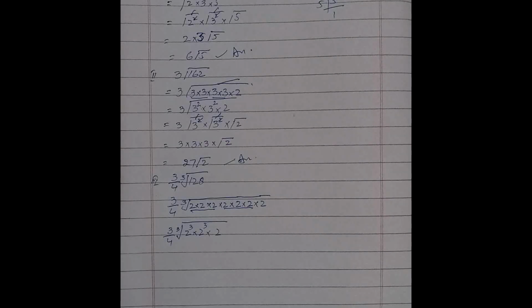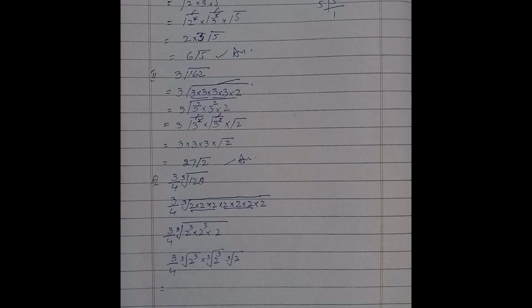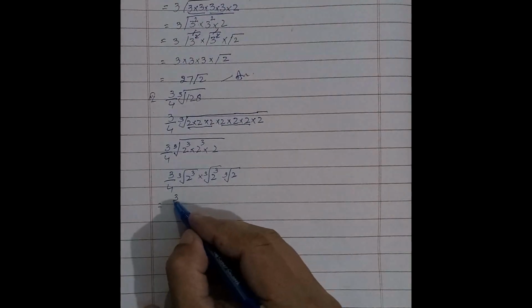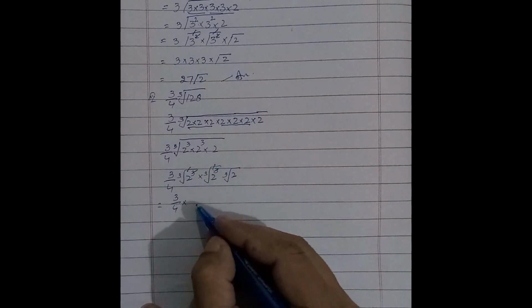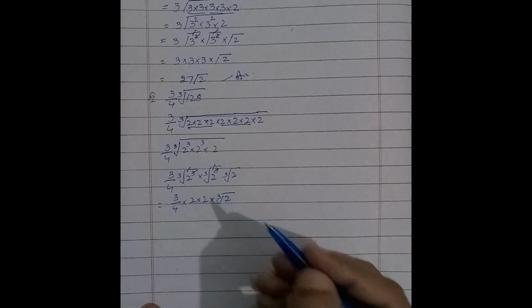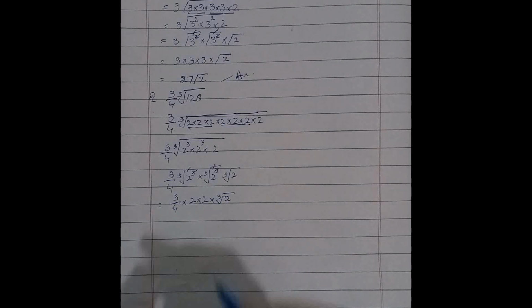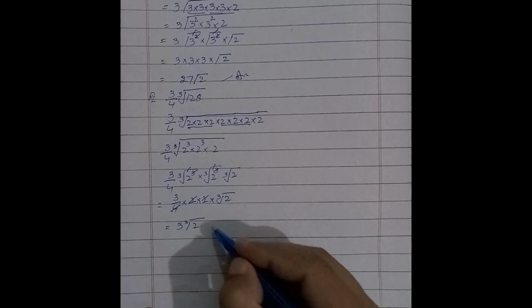Now we take the cube root of individual values: 3 over 4, cube root of 2 cubed, cube root of 2 cubed, and cube root of 2. Now we simplify: cube and cube root cancel each other. We get 3 over 4 multiplied by 2 multiplied by 2 multiplied by the cube root of 2. 2 twos are 4, and 4 ones are 4. We get 3 times the cube root of 2. Answer.